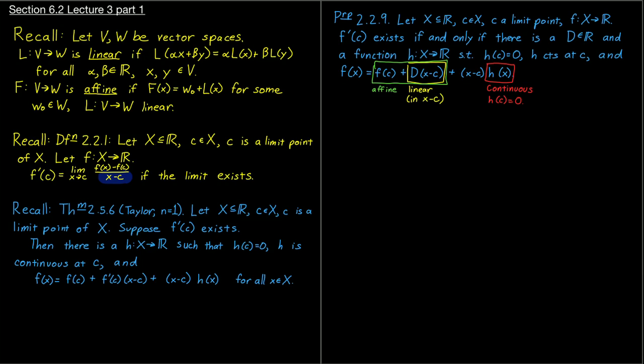The only thing that's a real problem is this x minus c business, because now, if I'm trying to generalize this to working over RP, I don't really want to be multiplying by vectors if I'm dealing with functions mapping into RP.